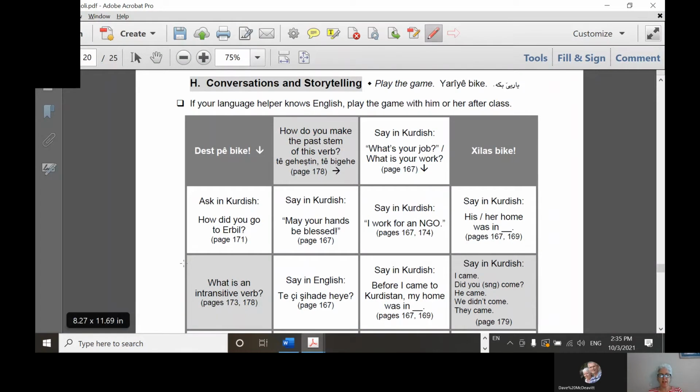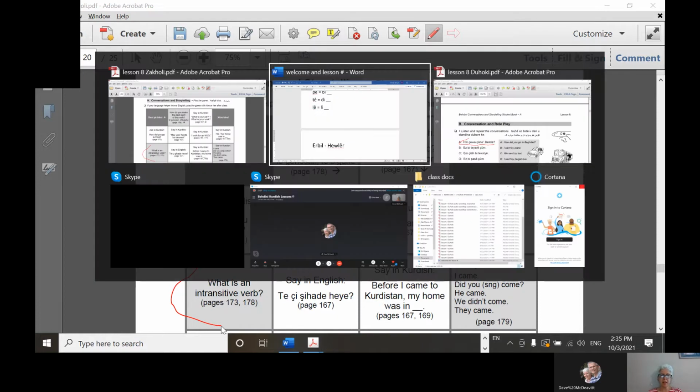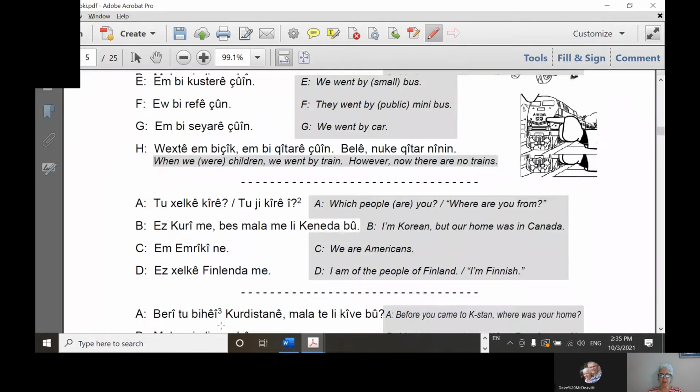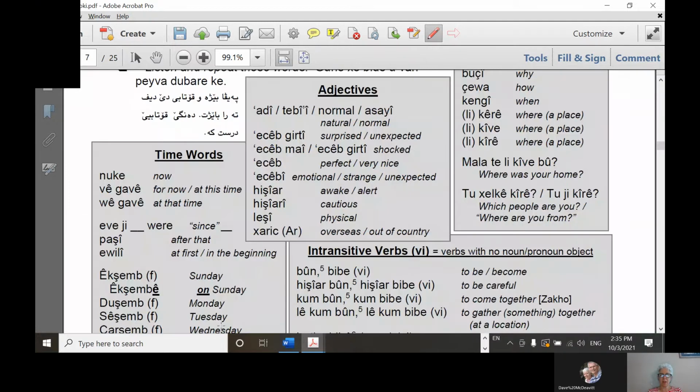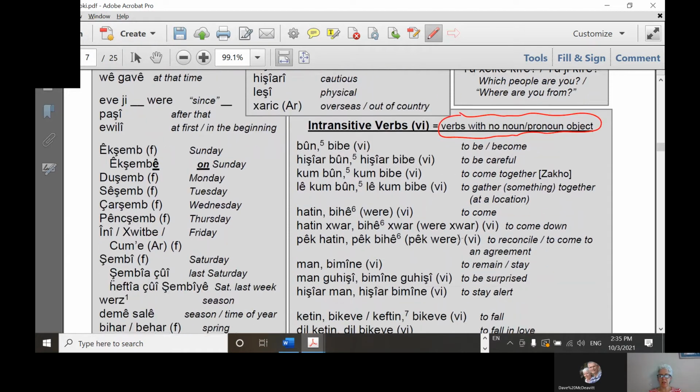All right, what is an intransitive verb? If you go to page 173 or 178, let's see what that looks like. 3 intransitive verbs right here in the middle. Verbs with no noun or pronoun object is the definition of an intransitive verb. And then it gives you a whole list of intransitive verbs.